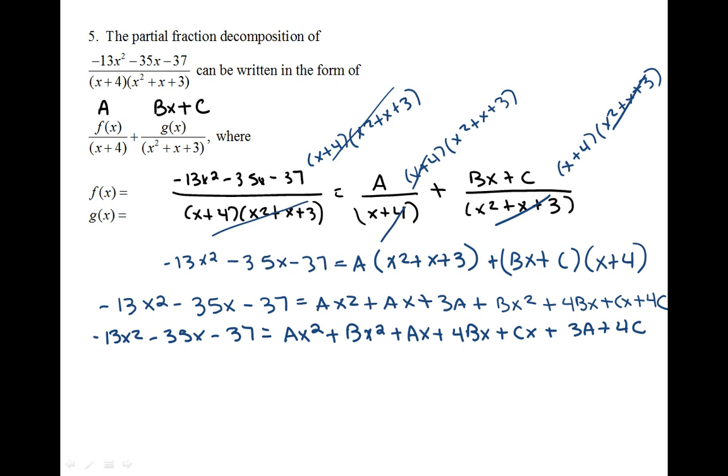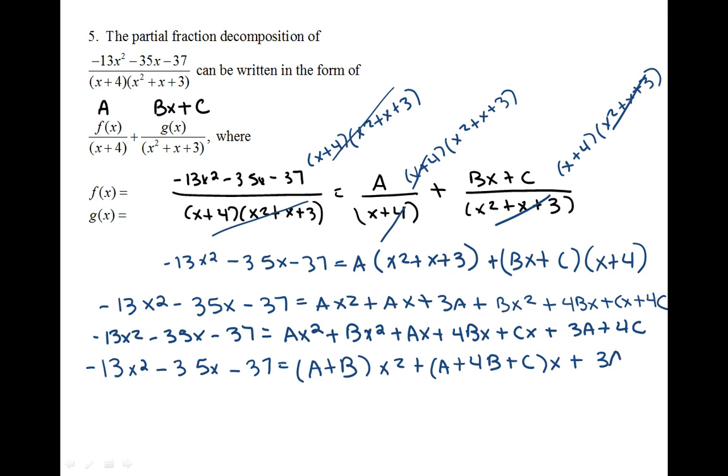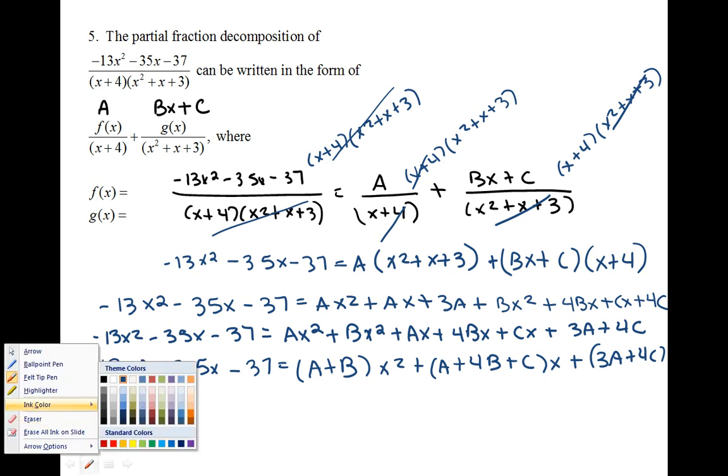And now let's factor those out so you can see things more easily. Minus 35x minus 37. So we're going to have a plus b times x squared plus a plus 4b plus c times x plus your constant 3a plus 4c. All right, now let's just go ahead and see what our system of equations looks like. I'll write it in green.